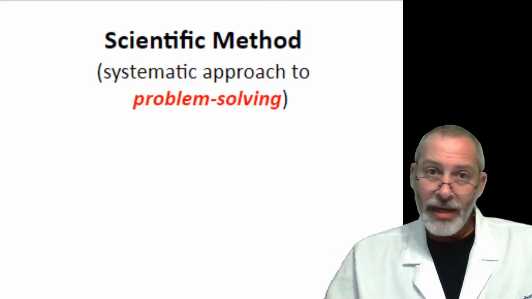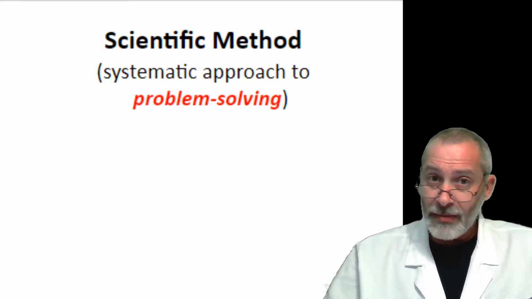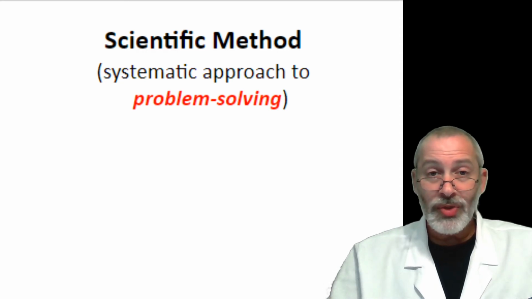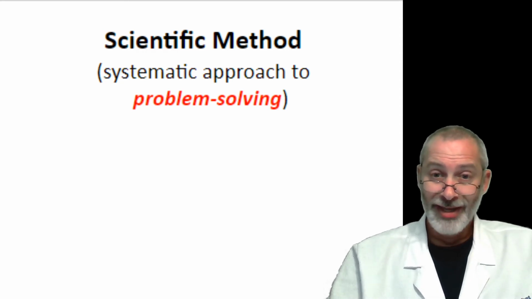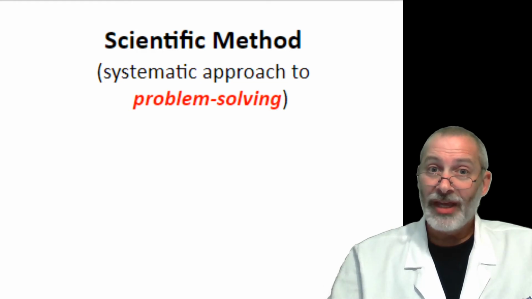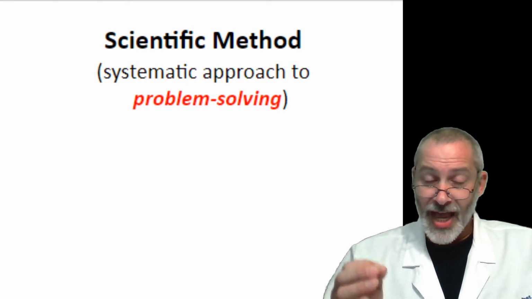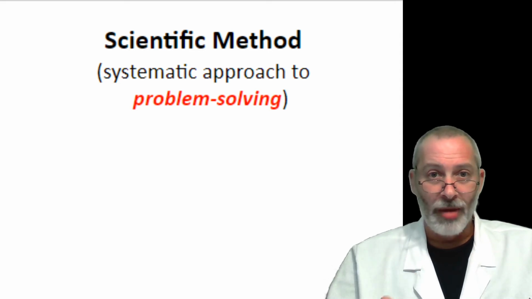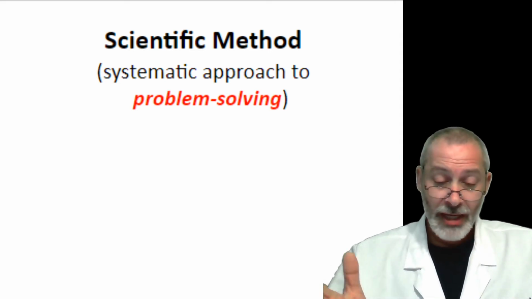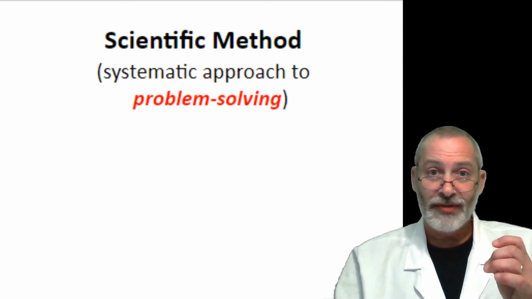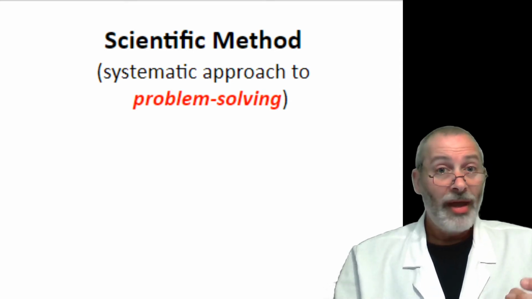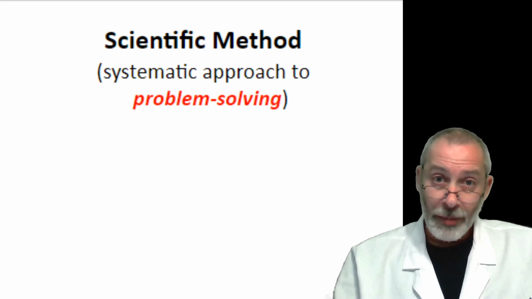But the way in which a scientist attempts to solve problems is using a method called the scientific method. The scientific method is a systematic approach to problem solving. What does that mean? It just means that scientists follow certain steps in order to solve a problem.